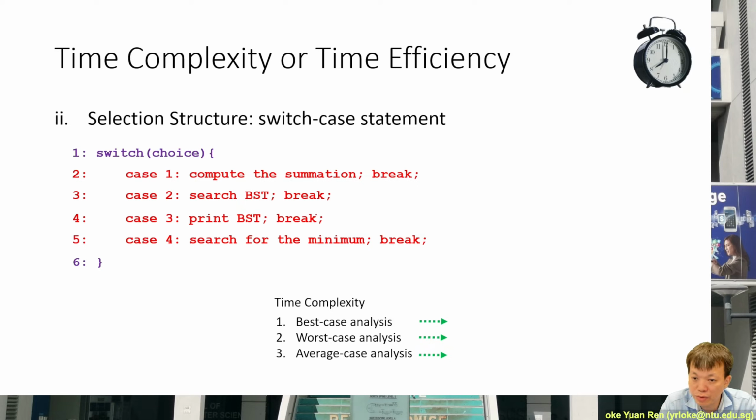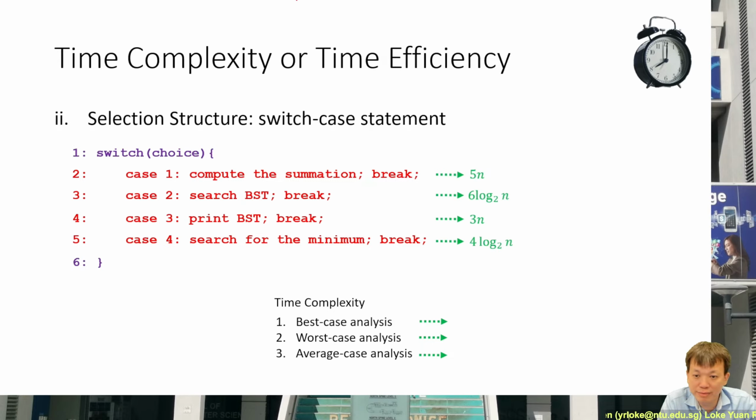Then the second one, which you just learned last week, I guess, is searching for some item in the binary search tree. And then the third one, I'm trying to print out the binary search tree. In fact, any kind of tree. If you want to print out, it doesn't matter whether it's a binary search tree or a binary tree. You have to print out all the nodes. Then the last one is trying to find the minimum.